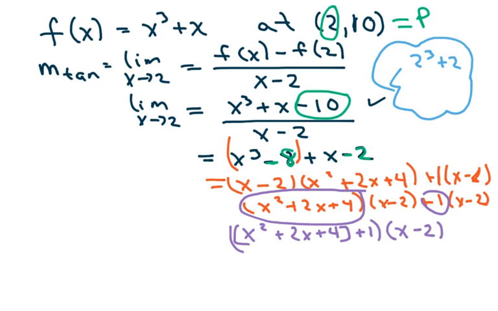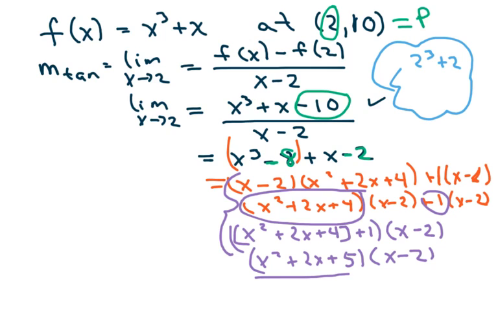Okay? Which gives us x squared plus 2x plus 4 plus 5. No, it's not plus 4. It's actually plus 5 here. Plus 5 times x minus 2. So this is the little trick in here, the factor by grouping. This is all over x minus 2, and we're taking the limit as x approaches 2 on all this.